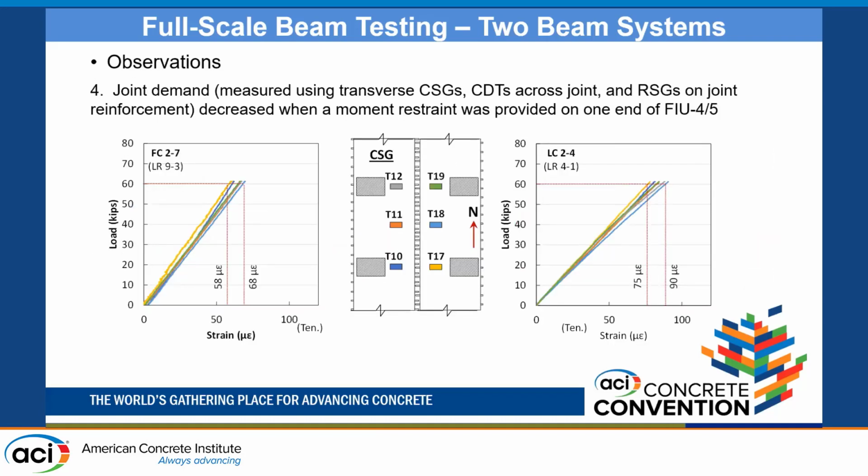The joint demand, this is a detail that we observed in the system that was locked in rotation on one end, measured using transverse cracking strain gauges, crack displacement transducers across the joint, and rebar strain gauges also located in that joint region at midspan, decreased when a moment restraint was provided on one end, on FIU 4 and FIU 5. So here's the comparison that we observed for those gauges when we had the restraint and when we didn't, when it was simply supported.